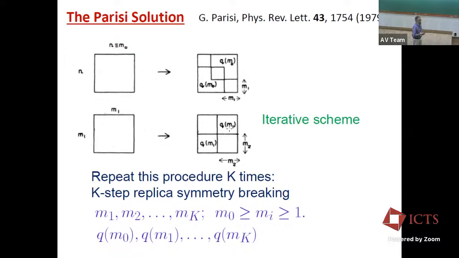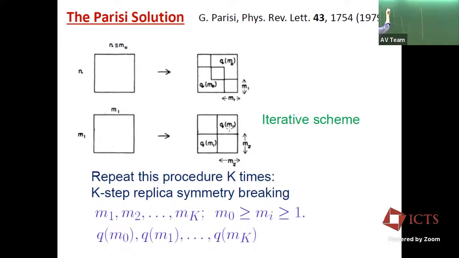And all off-diagonal elements in this block will have a different value of Q. So if you want to draw this matrix, it will be somewhat like this. Here you are doing this blocking, and this will continue. This direction is beta and this is alpha. All the diagonal elements, don't worry about.